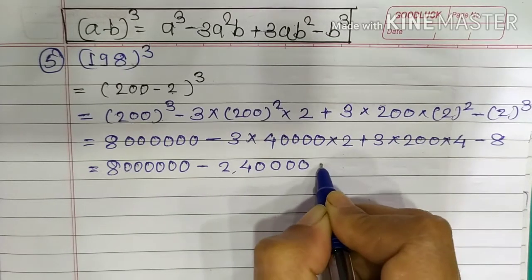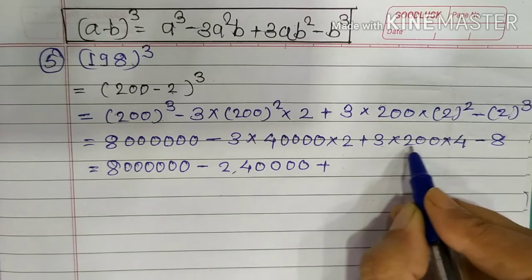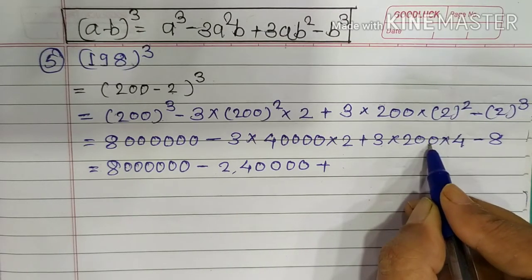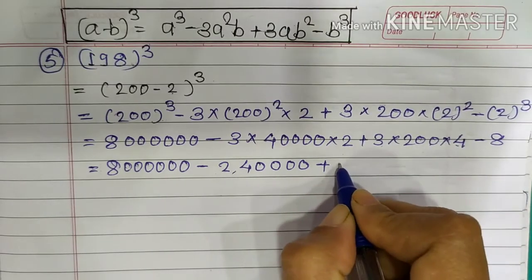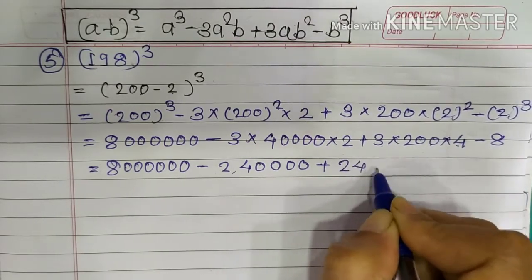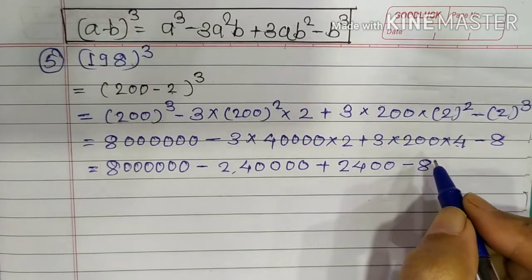Plus 3 into this 200, that is into 4, that is 2400 minus 8.